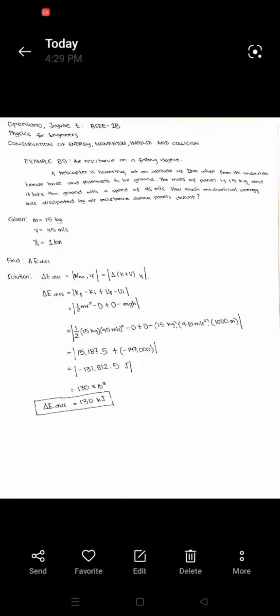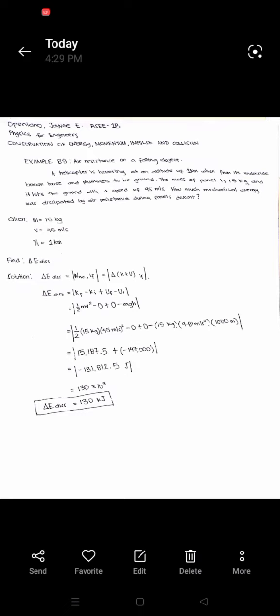By substituting the values, 1/2 times the mass, which is 15 kg, and the velocity, which is 45 meter per second squared, minus 0, plus 0 minus, again, the mass, gravity, and height, which is 15 kg and 9.81 meter per second squared, and the height, which is 1 km. We convert it into meters, so it becomes 1000 meter.